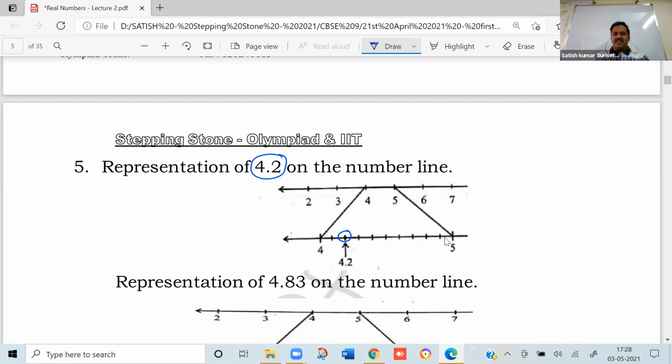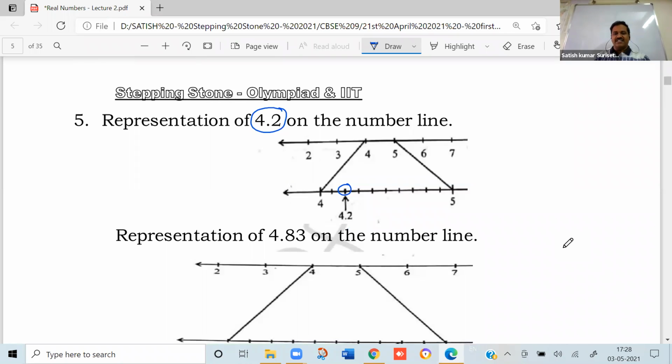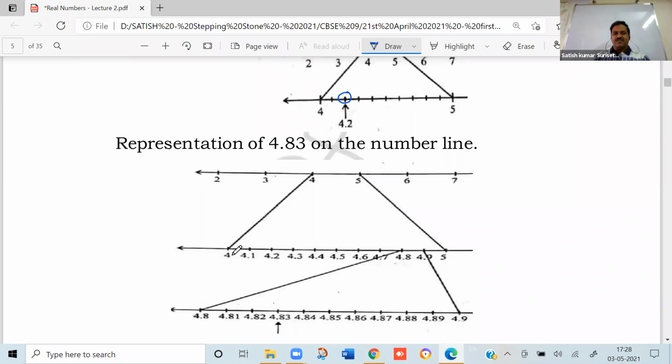Now suppose I want to represent 4.83 on the number line. Then again we first take between 4 and 5 ten equal parts like before: 4.1, 4.2, 4.3 up to 5. Now 4.83 we want, so you take 4.8 to 4.9.